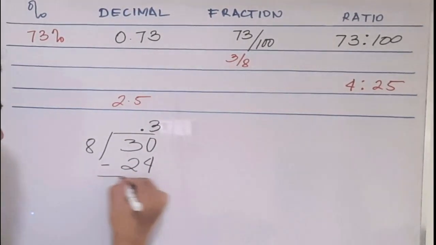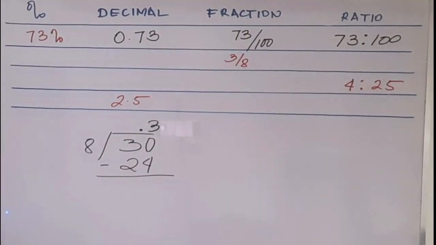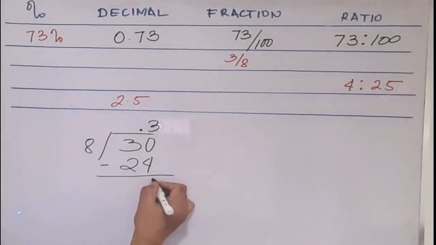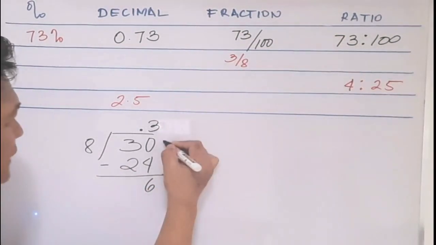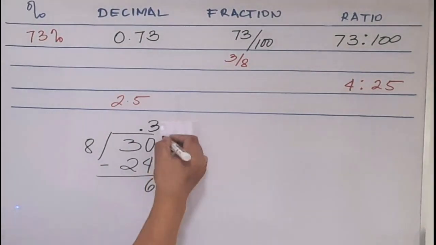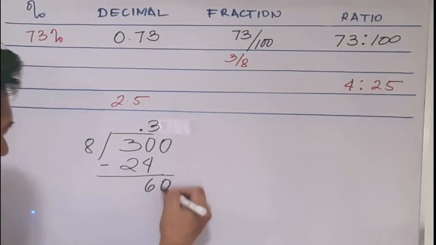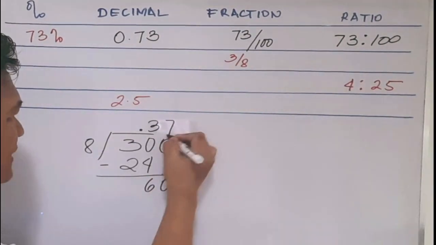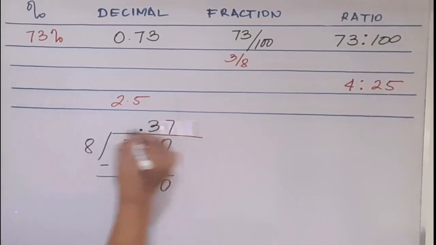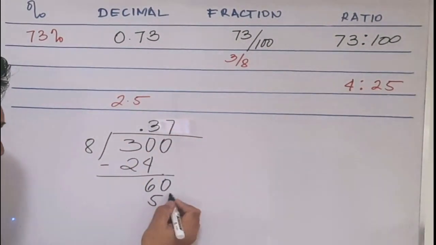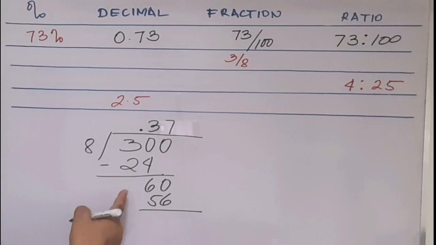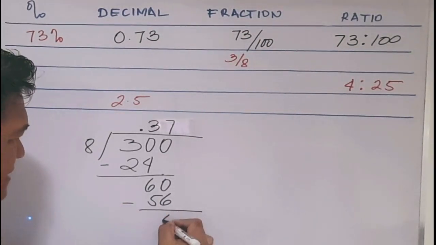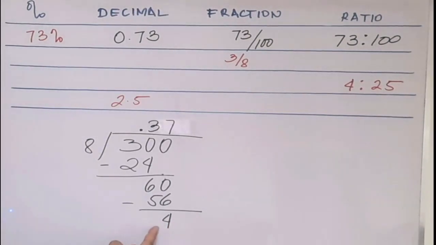We subtract 30 minus 24, that is 6. So we add another 0 and bring down 0. 60 divided by 8 is 7. 7 times 8 is 56. We subtract 60 minus 56 is 4.